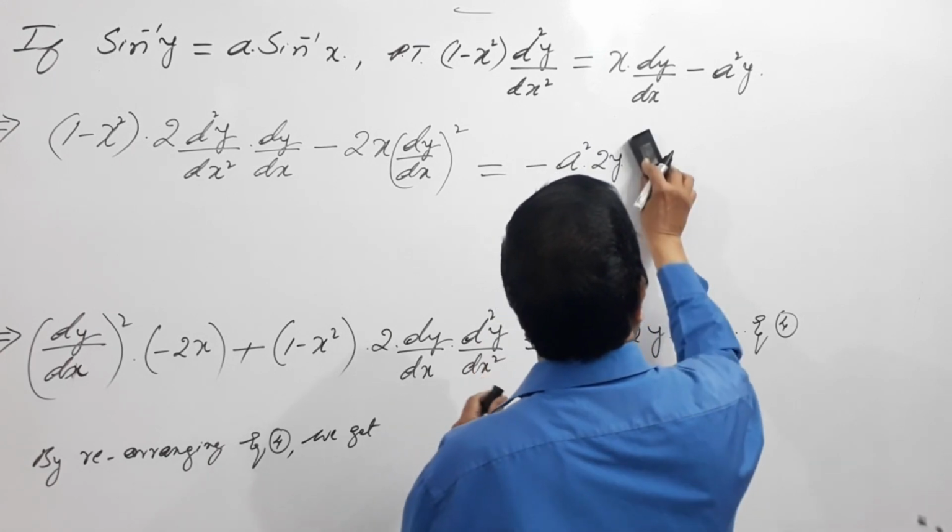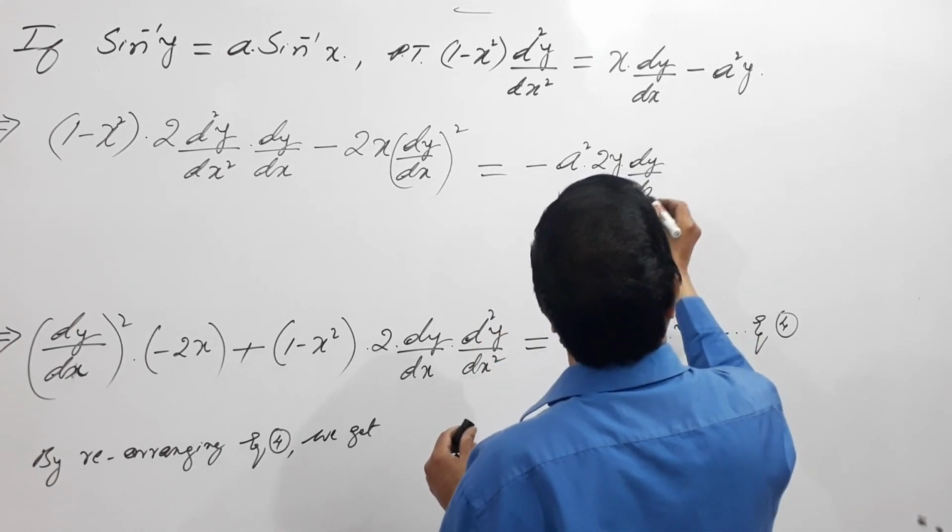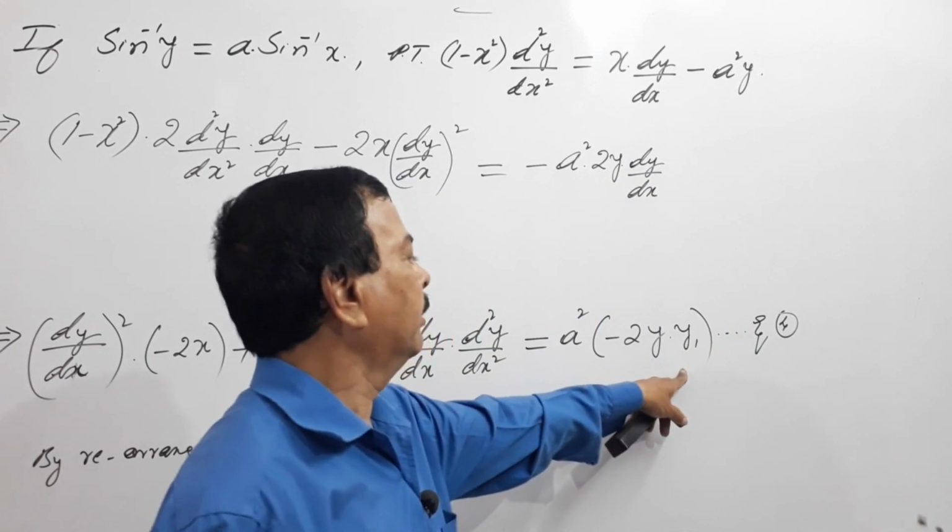Instead of y1, I'll write this as dy by dx, because y1 is nothing but dy by dx.